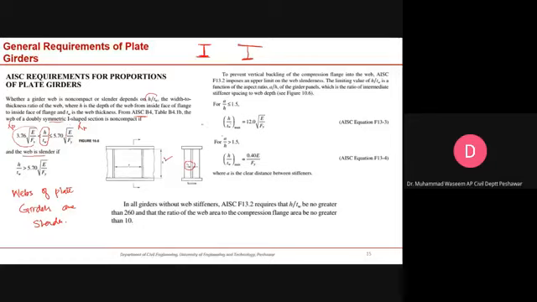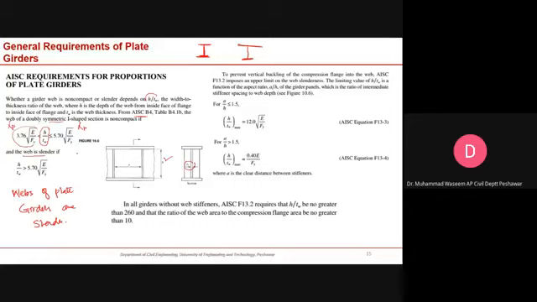There is an additional requirement for doubly symmetrical I-shaped sections. For singly symmetric sections, which are not doubly symmetric, you have to use a different set of equations, meaning a different lambda p and lambda r.